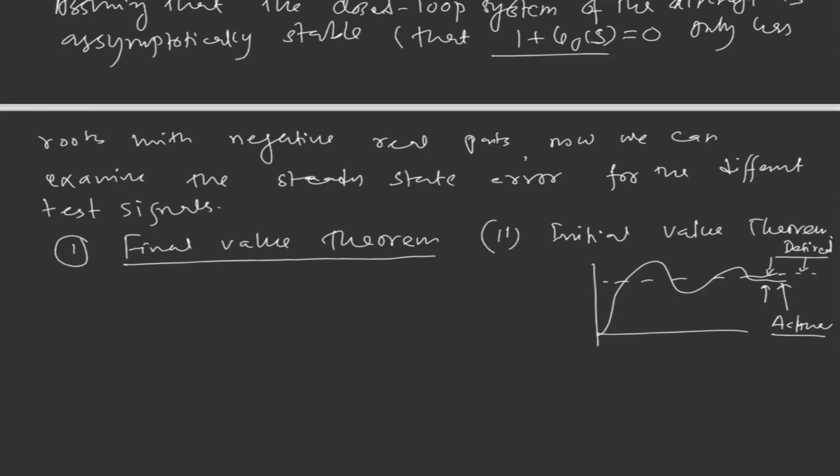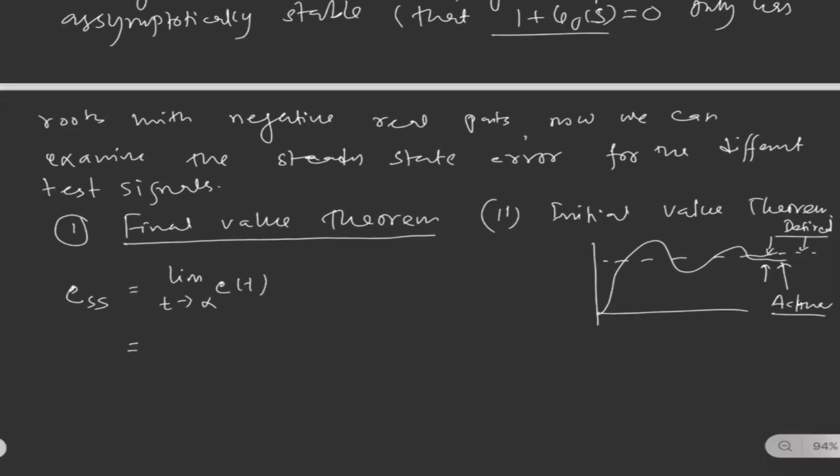So this steady state error we can define by ESS. In time domain, it will be limit t tends to infinity e of t, for any signal as time tends to infinity, what is the final value? And from this, in Laplace or frequency domain, you can write E of S, which you have already done.